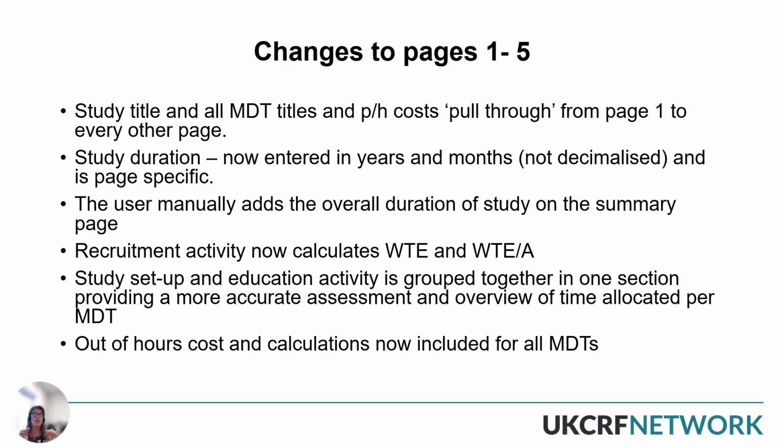So it just makes it less likely that we're going to either miss off any staff groups, education or study setup time, or double count it. And what we've added into the MDT sections is the ability to cost for out of hours and include that as a whole time equivalent, because we know that it's not only nursing staff that work out of hours to deliver our studies.